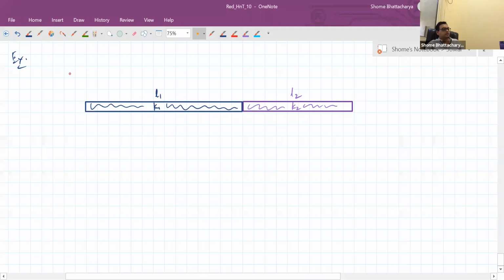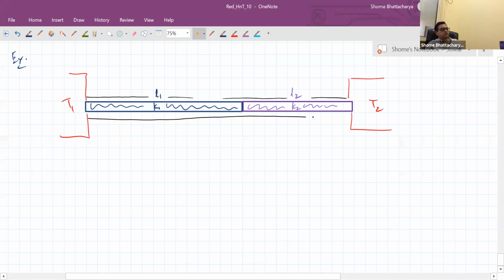And they are subjected to temperatures T1 and T2. And there is some insulation from the outside. So two metallic rods in series combination.